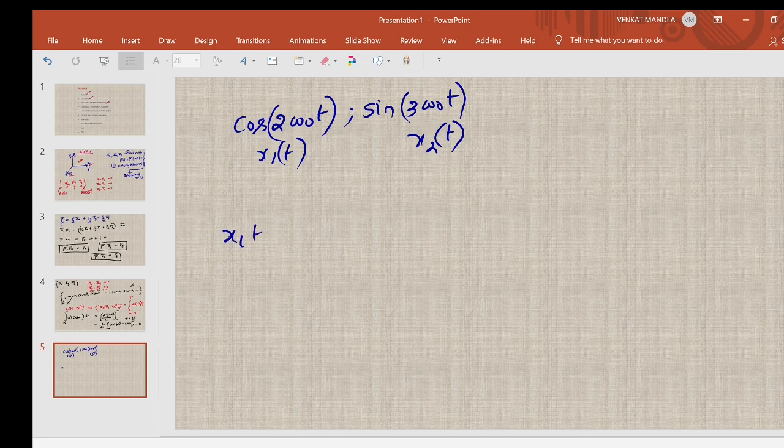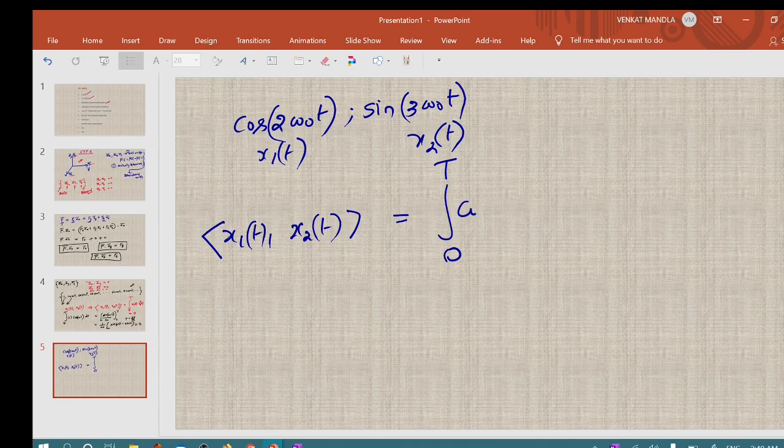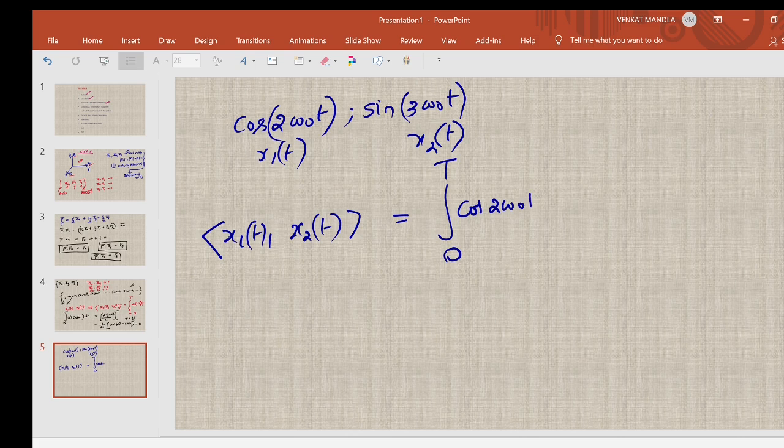Now their inner product, integral over one time period capital T, 0 to T. What is x1(t)? Cos 2 omega naught t. x2 conjugate t, you will get sin 3 omega naught t, because it is a real signal, so x2 conjugate t is x2(t) only. The T is 2 pi by omega naught.